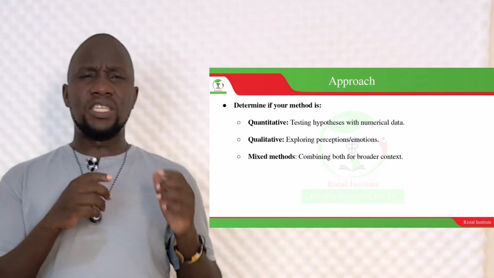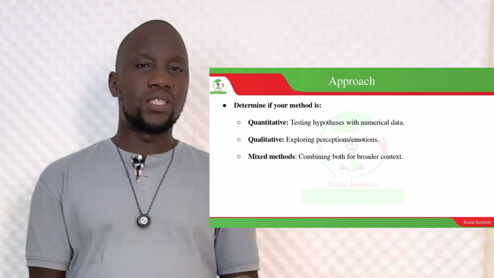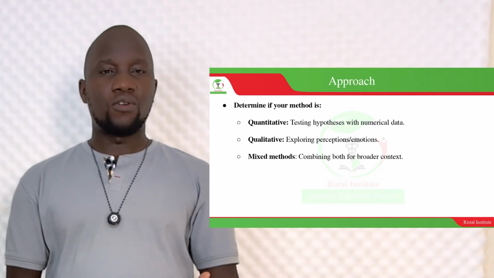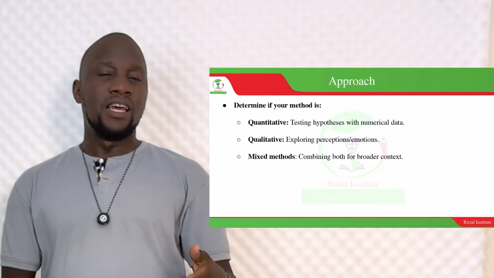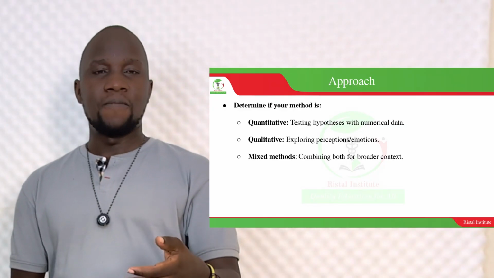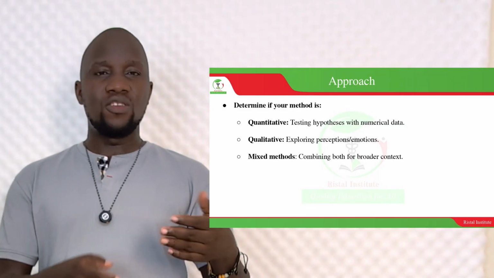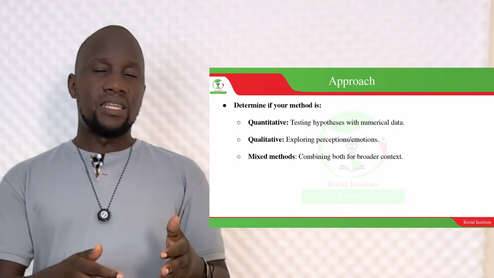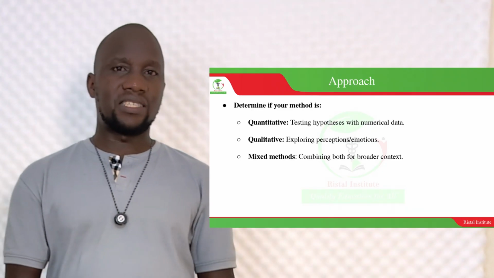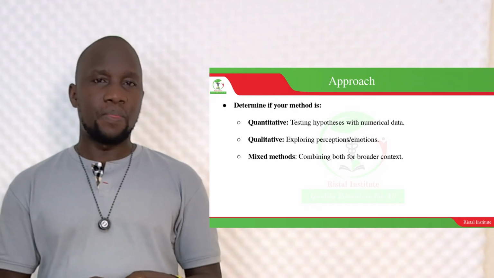Okay, so sometimes it is not a must that you actually have to use those terms. Sometimes you go straight to the point and say this was a case study. So when you say this was a case study, the person who is reading understands that case studies are usually qualitative in nature.